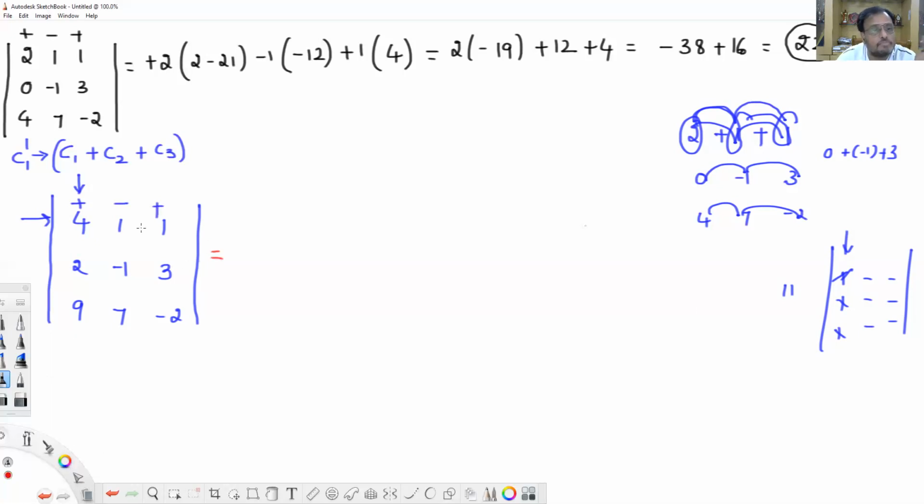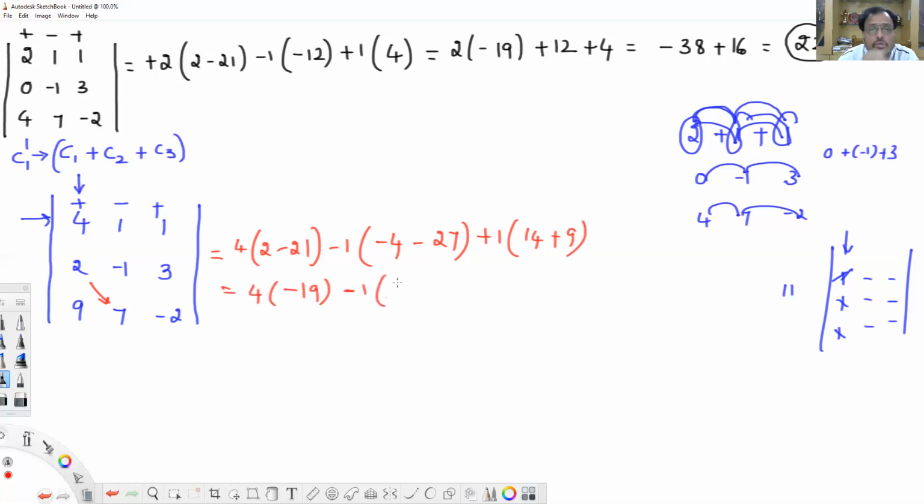Okay. Now expanding along the column: plus 4 into (2 minus 21), minus 1 into (minus 9 minus 27)... plus 1 into (14 plus 9). So 4 into minus 19, minus 1 into minus 27, plus 1 into 23.